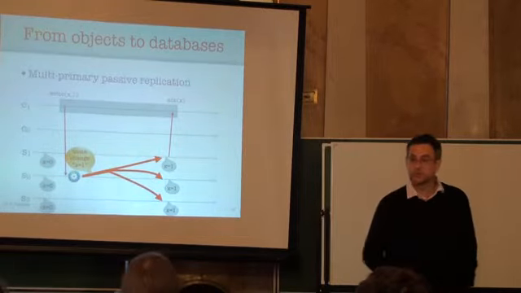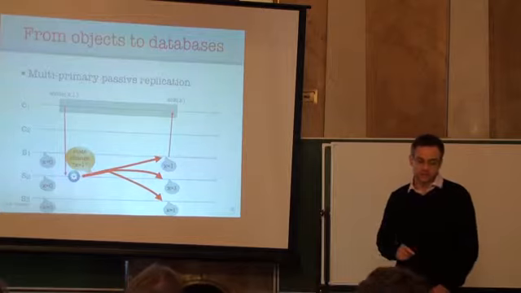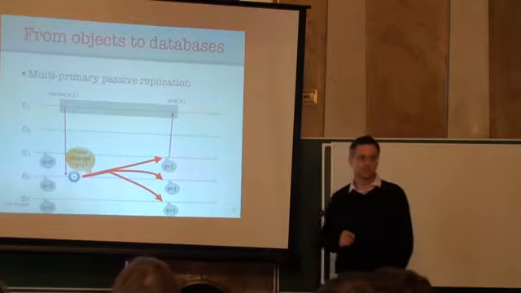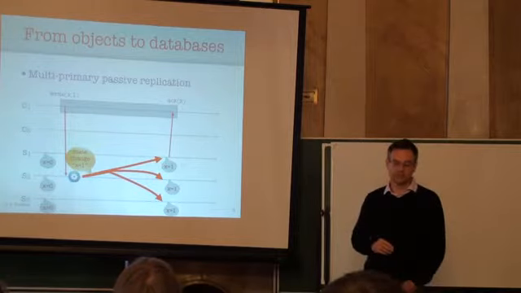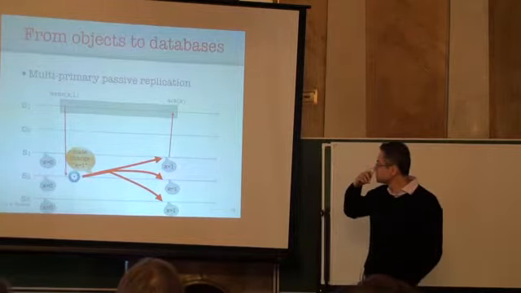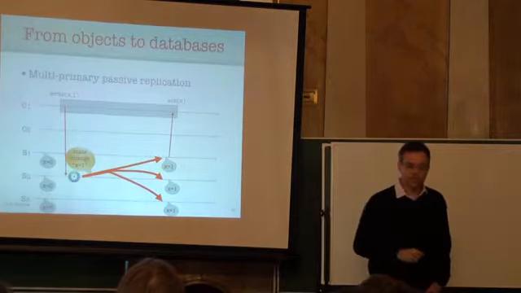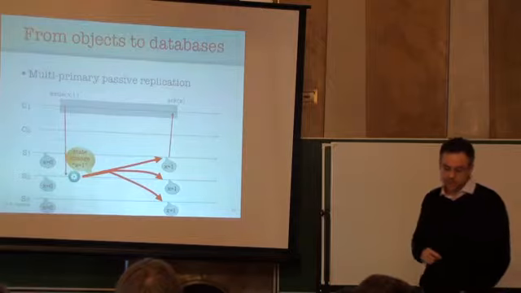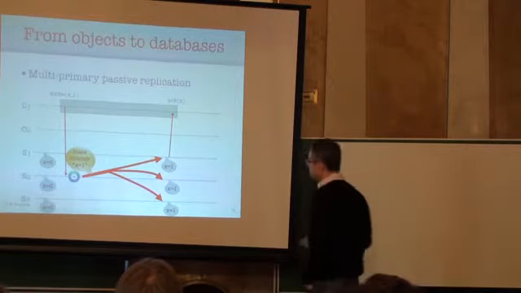Okay, but that was a simple case, right? Let's look at a more interesting case. Let's see how two writes are treated in this system. The first one was the first operation I had before, write x1. So there is a state change executed by server S2, which broadcasts the new value.